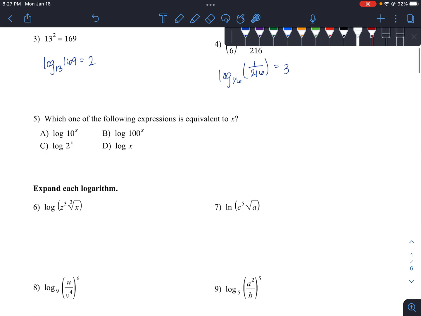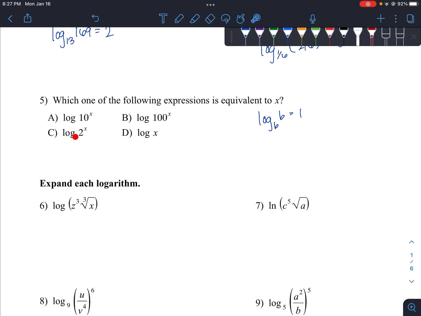All right, for 5, which one of the following expressions is equivalent to x? This one is looking for you to use the property that log base b of b is equal to 1. Notice that these don't specify the base of the logarithm, so that means they're common logarithms, and common logarithms have a base of 10.